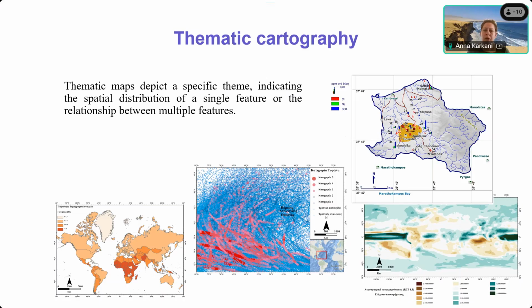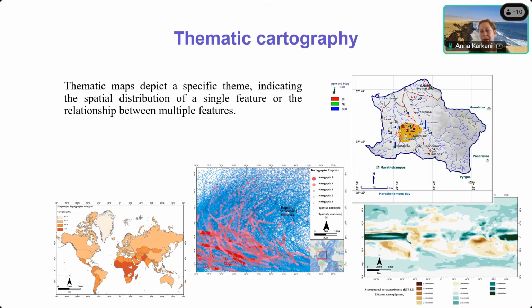In order for us to be able to create a thematic map, we need to have in our database some variable that can be mapped. This variable can be the name of a formation, the name of geological formations, let's say.